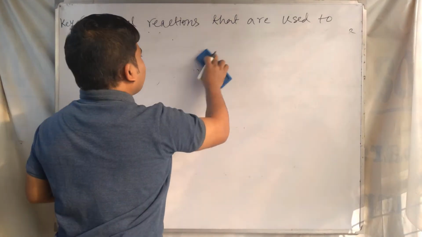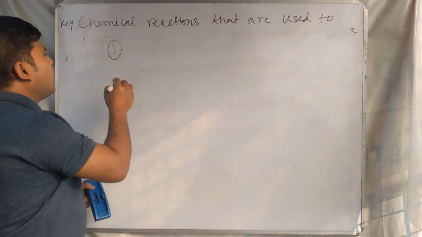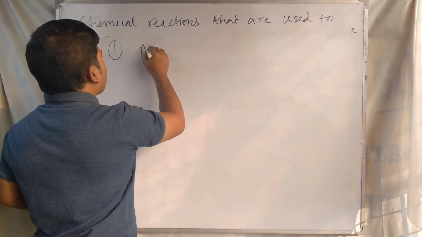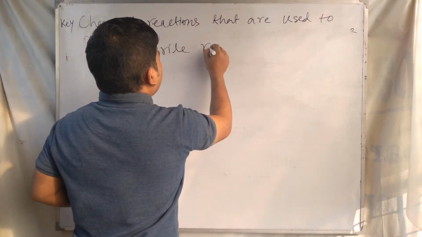So this is the Wurtz reaction. It is useful to increase the number of carbon atoms. And number 2 is the nitrile reaction.